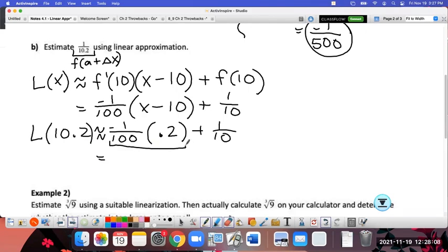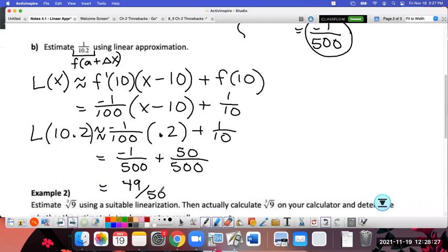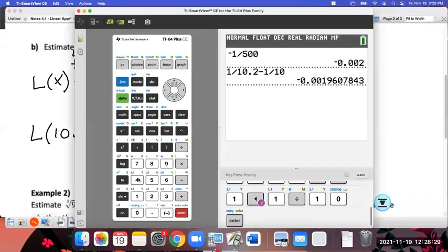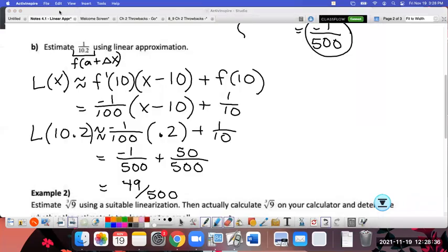I remember calculating that amount before. That was the -1 over 500. Plus, to get a common denominator, I would multiply the 1/10 by 50 over 50. And I'm getting 49 over 500. Again, if you do that in the calculator, you can get a decimal amount, and that's perfectly fine. 0.098.